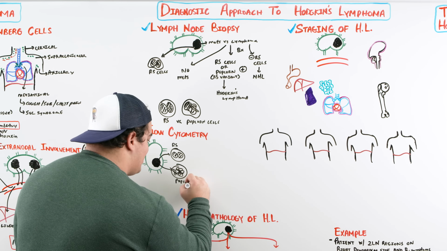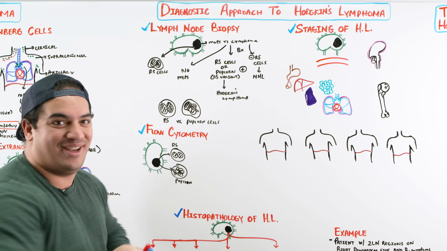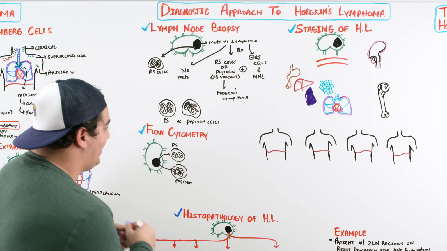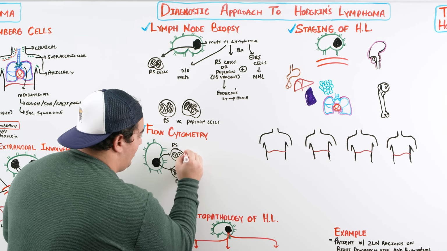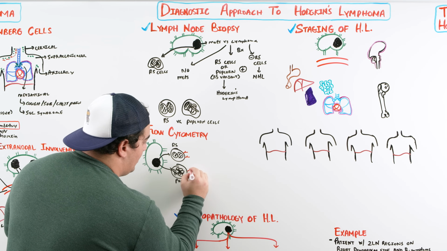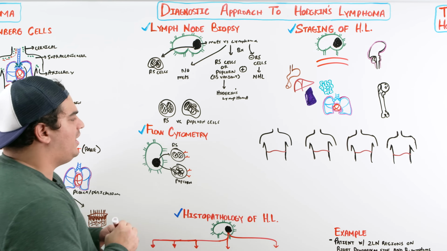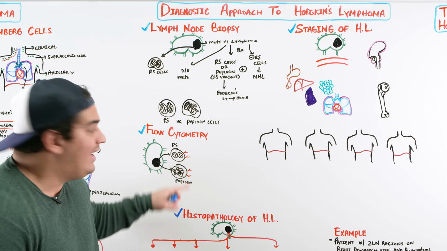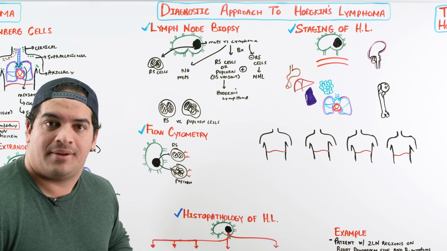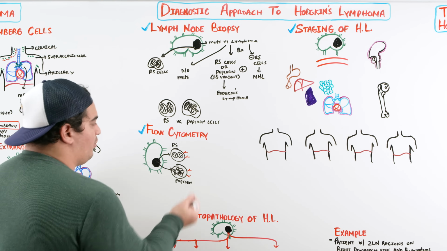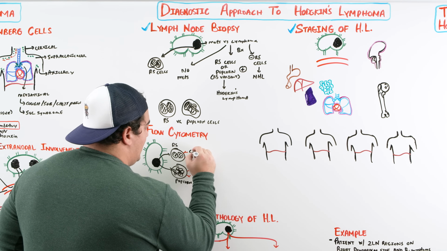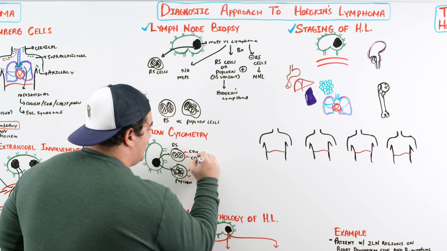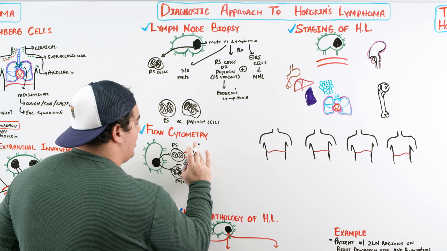So you guys know by this point, after watching all the leukemia videos, that flow cytometry is great at being able to recognize specific proteins on the cell surface. Because what we can do is make antibodies that are fluorescent and tag these specific proteins. What I'm tagging here in the Reed-Sternberg cell is CD15 and CD30. Let me make this bigger so you guys can see this.